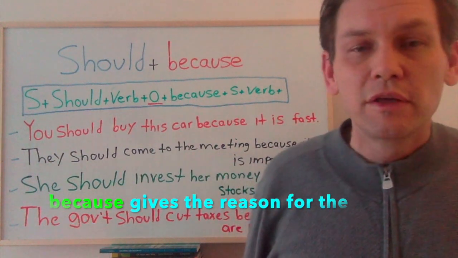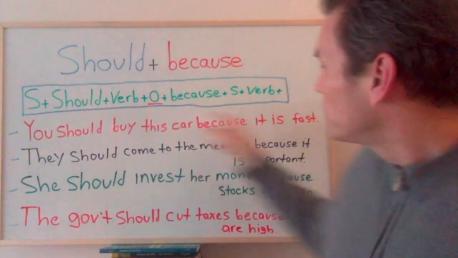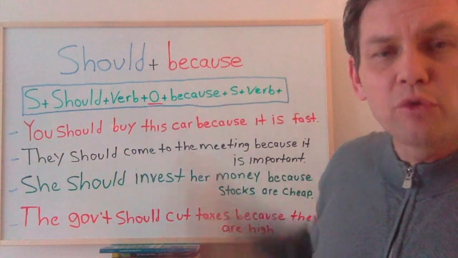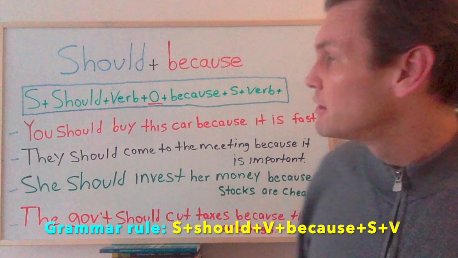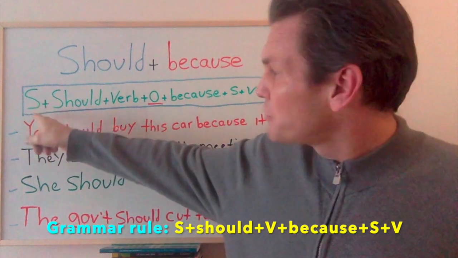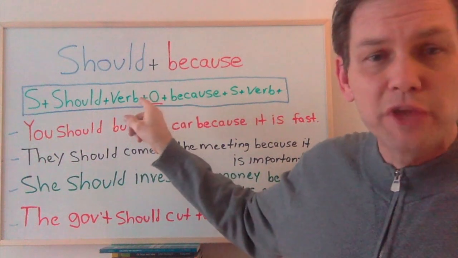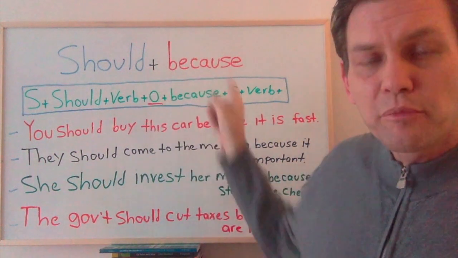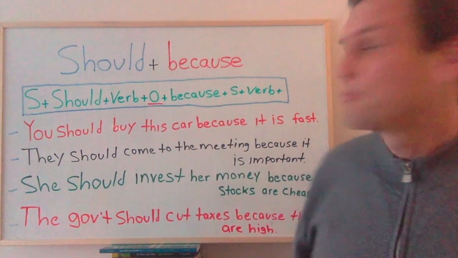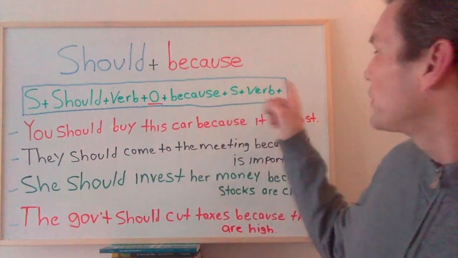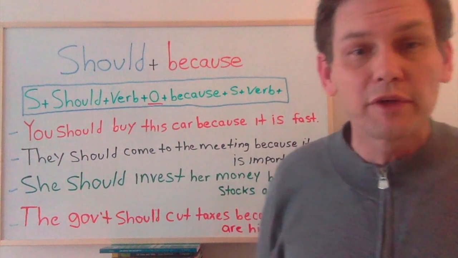So this box here is the formula or the grammar rule that you must follow. Like before, subject plus should plus the verb plus the object or other information, plus because plus the subject plus the verb plus the other information if you have it.